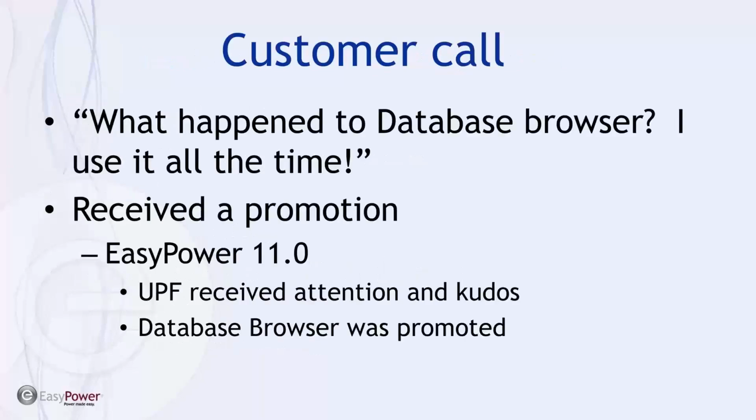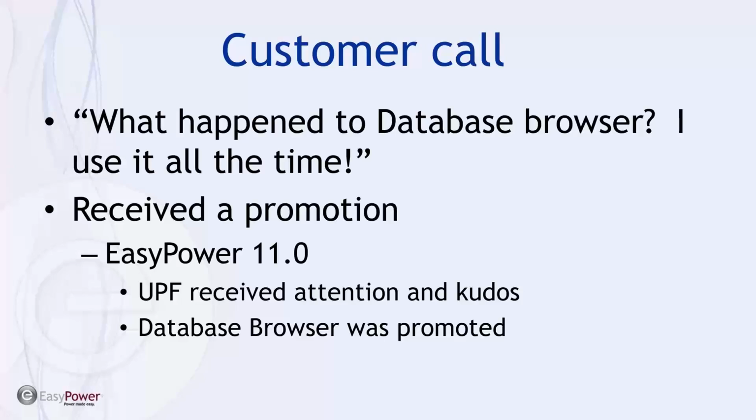But my response to the phone call was, well, prior to 11.0, the database browser was basically hidden away in a subfolder. But as of the release of 11.0, it received a promotion.